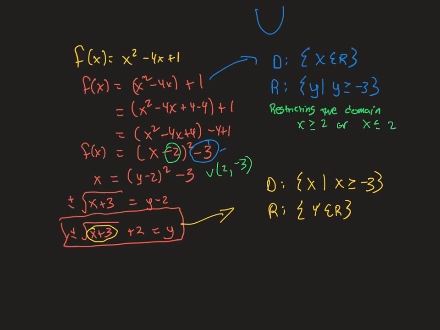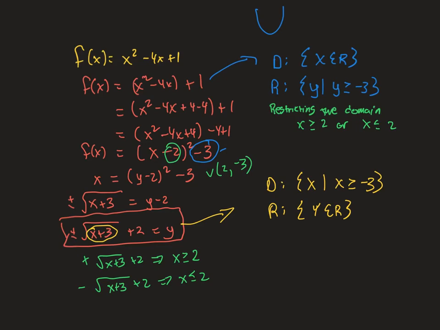If it's greater than or equal to 2, it coincides with the plus. So plus square root x plus 3 plus 2 coincides with the x being greater than or equal to 2. And if I used the minus, it coincides with the less than or equal to 2. Okay?